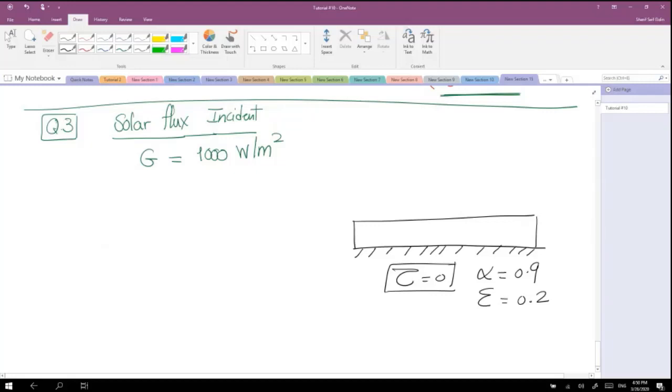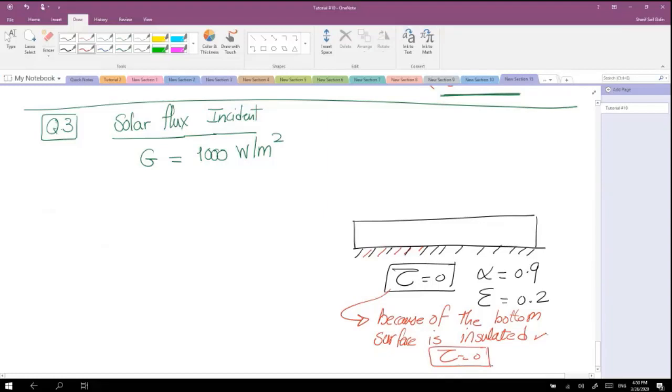So when we draw, tau is 0 because the bottom surface is insulated. So tau is equal to 0.